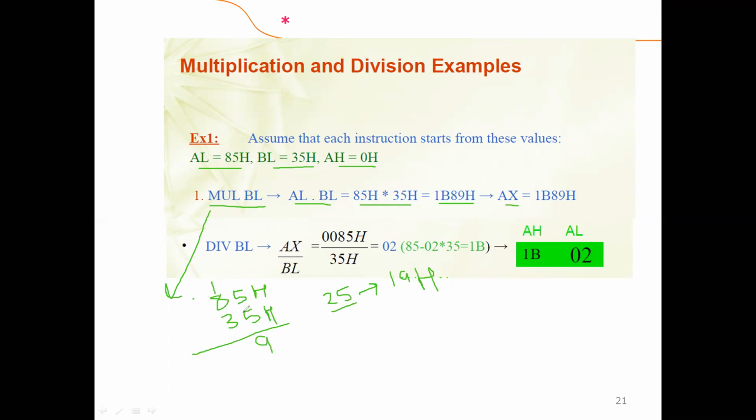And we know that 5 8s is 40, and 40 plus 1 is 41. Again, 41 is in decimal. We need to convert this 41 to hexadecimal. How can we convert 41 from decimal to hexadecimal? By simply dividing it by 16.